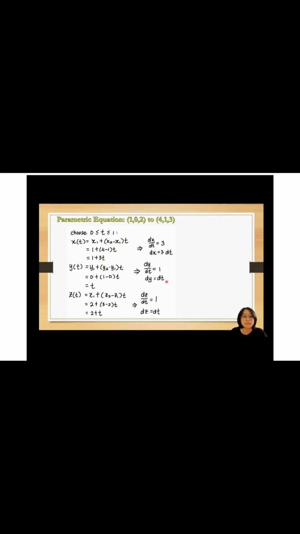After getting the answer for x(t), y(t), and z(t), we can proceed to the differentiation for these terms. So we will get dx over dt, dy over dt, and dz over dt. And we should move dt to the right side with the constant and leave the dx, dy, dz at the left side as the subject of the equation.